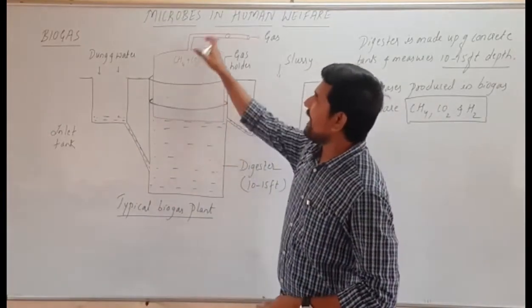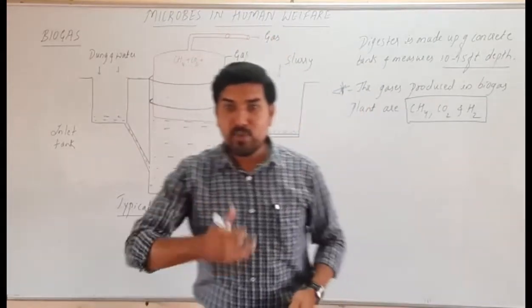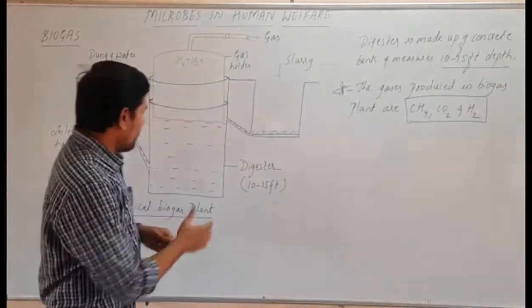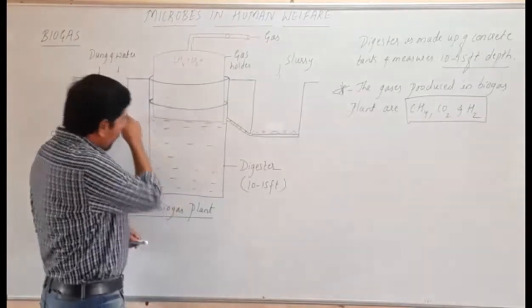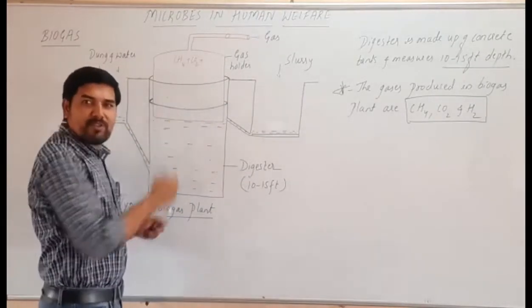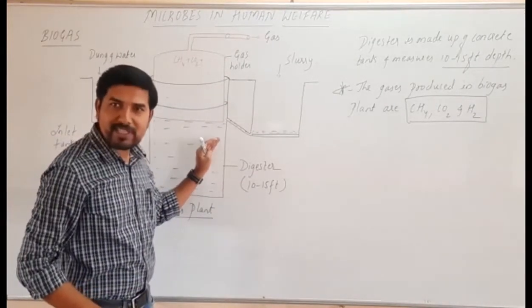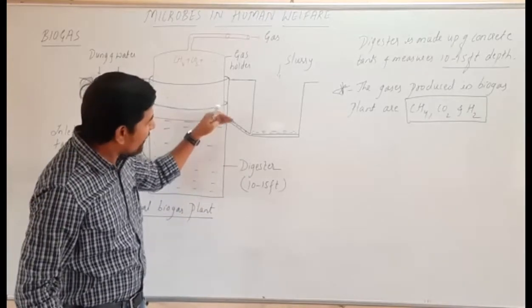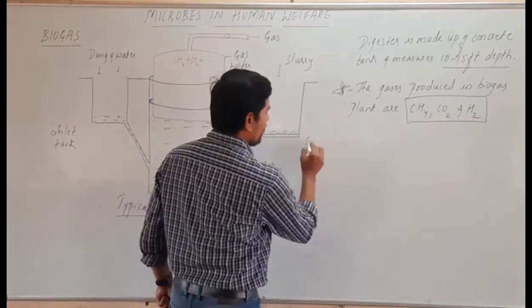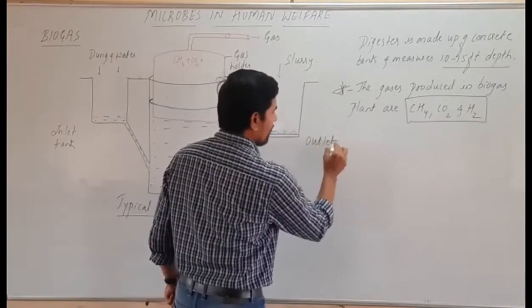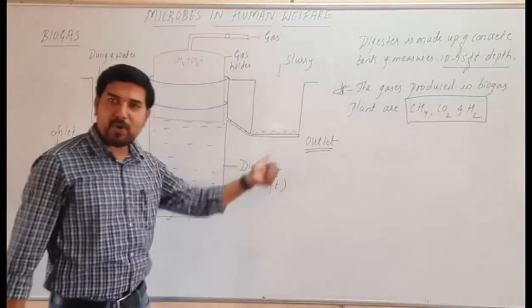Okay, the gas can be used later on. The used slurry of the cow dung: after the production of the biogas, we call it spent slurry also. The spent slurry enters the outlet. This tank is also called the outlet tank.